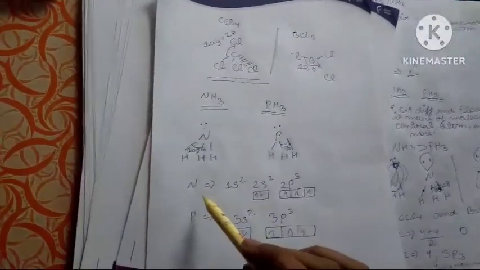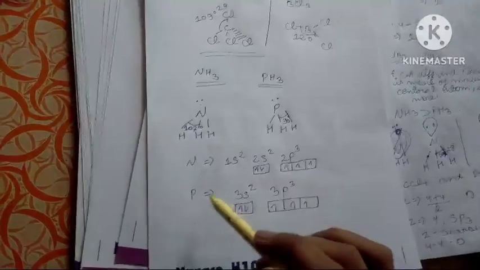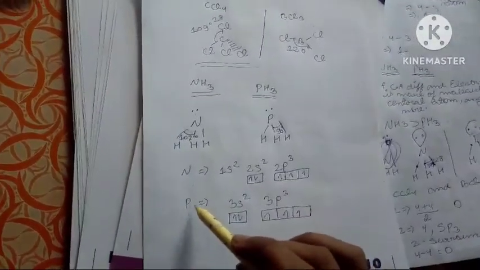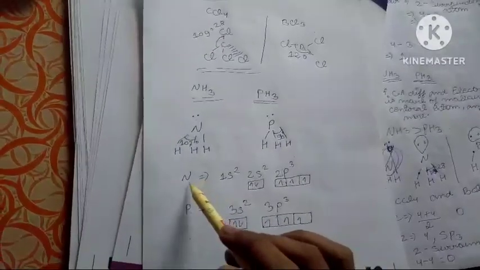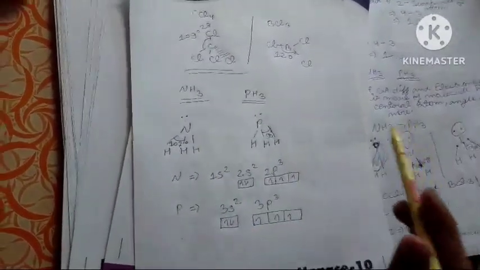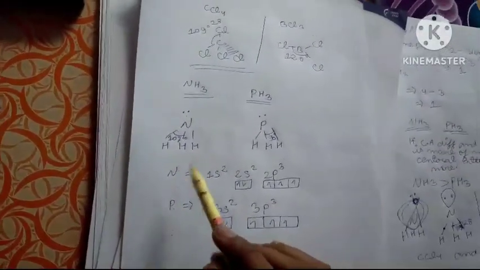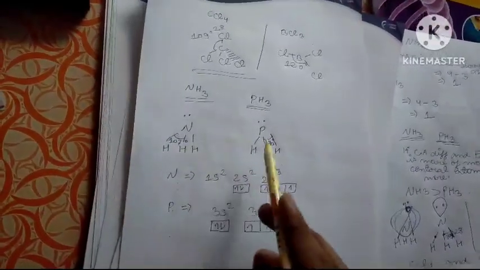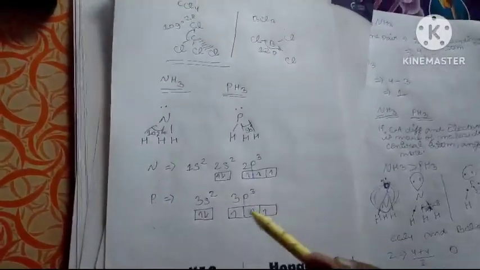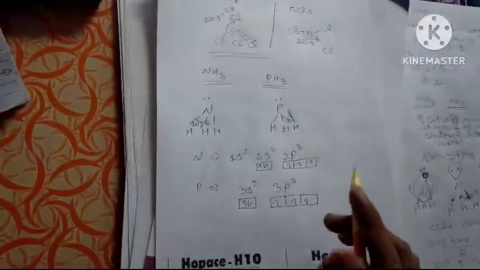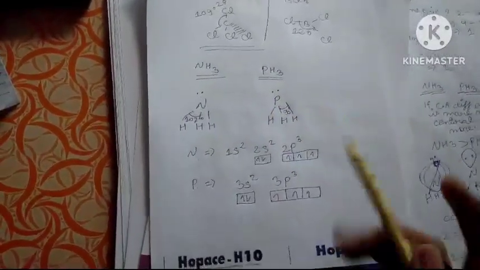So phosphorus is less electronegative and nitrogen is more electronegative. So the bond angle of NH3 will be greater than the bond angle of PH3, right? So now we can see the large difference between the angles of both these molecules.